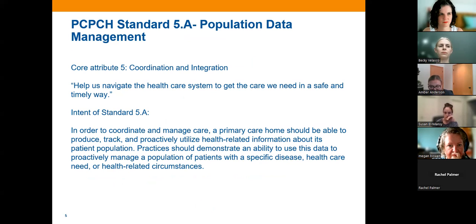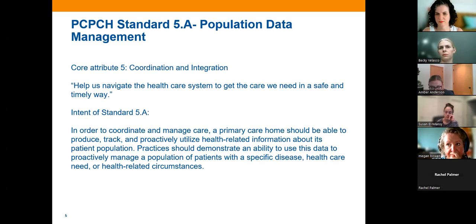I'm going to take a dive into the overview of Standard 5A. So PCPCH Standard 5A is in Core Attribute 5, Coordination and Integration, which from the patient's perspective means help us navigate the healthcare system to get the care we need in a safe and timely way.